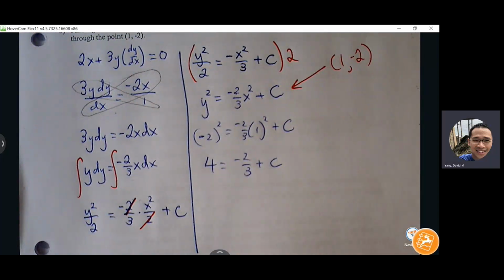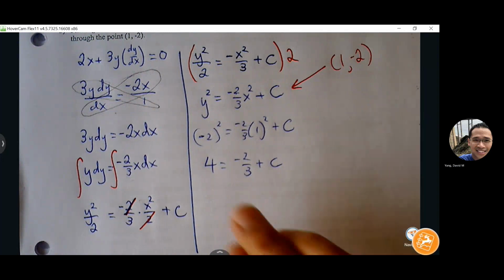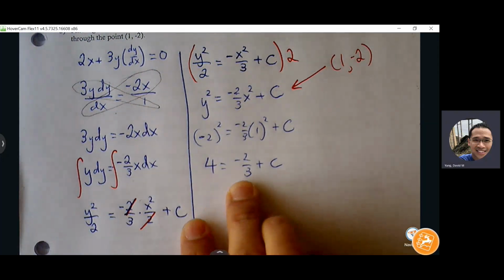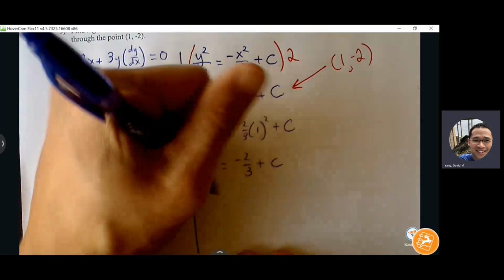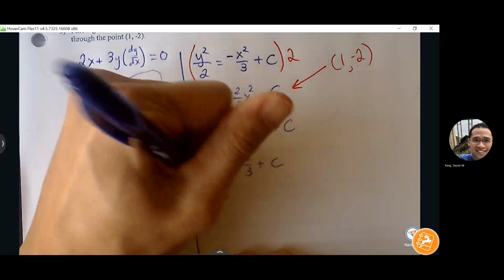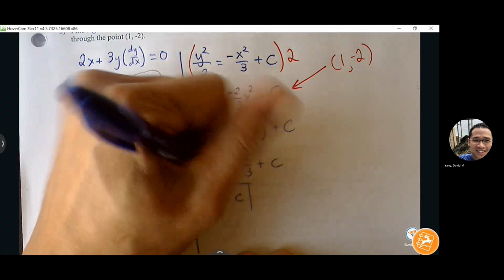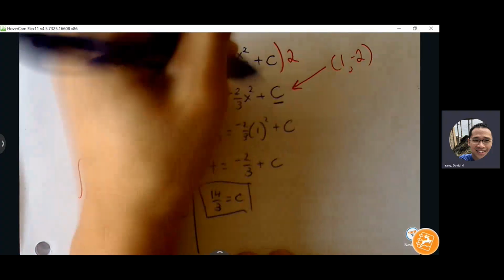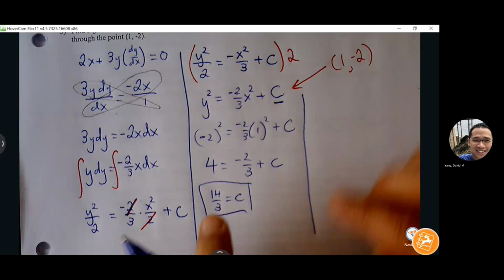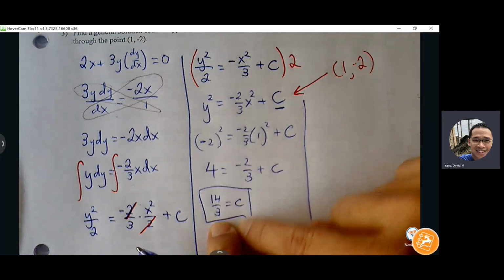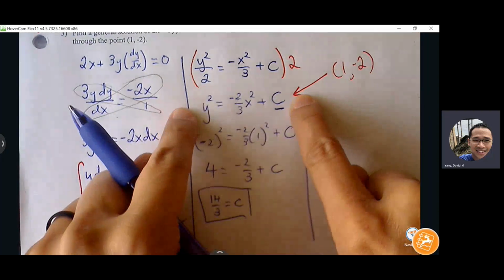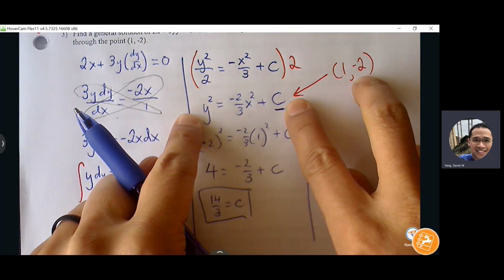Okay, so 4 plus 2/3. So that's 12 over 3 plus 2 over 3. So that's 14 over 3. So I'm going to take that C value and update it. Right, there's a bunch of C's here, but I want to put it in where I started making my substitutions.